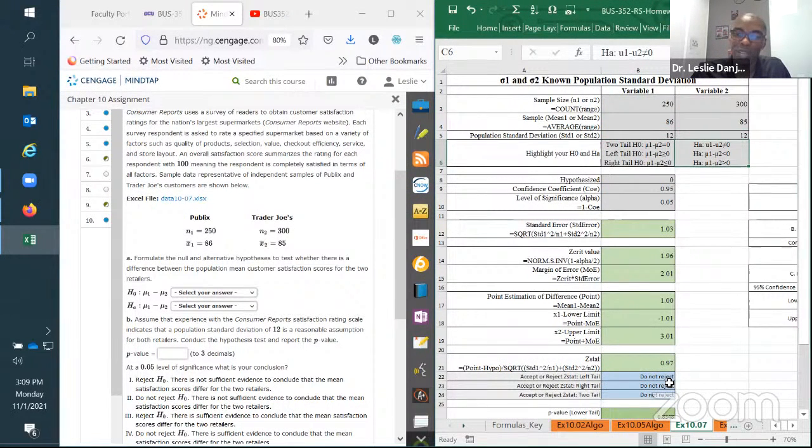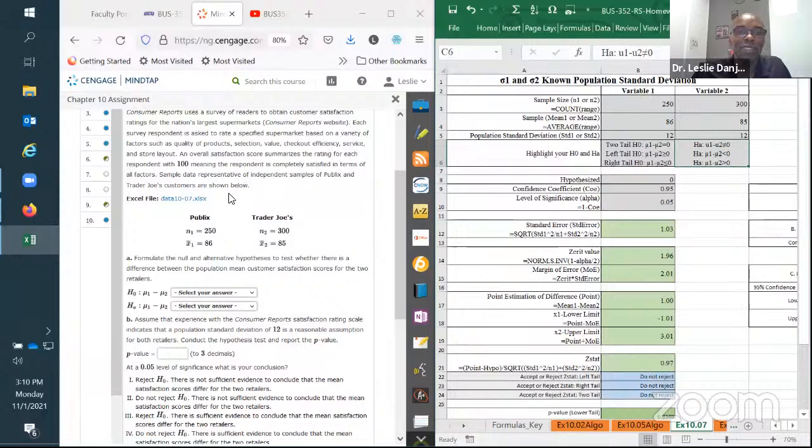As you can see right here, do not reject. But in this question, is it a two-tail, a left tail, or a right tail? I'm just browsing really fast. The nation's largest supermarket, the value, and so on.